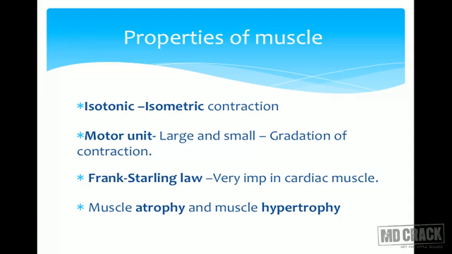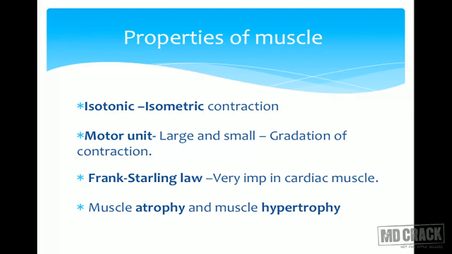Motor unit. Now what is a motor unit? It is a single axon supplying the nerve fibers. Physiologically, it is very important so that we can have the gradation of muscle contraction. Now how is it possible? Suppose a muscle is having 3 motor units. Actually, the number is much more. This is just for the example. Now if the body wants to contract only 33%, what will the body do?